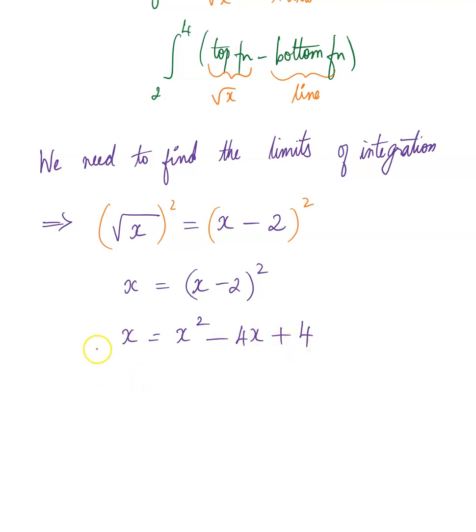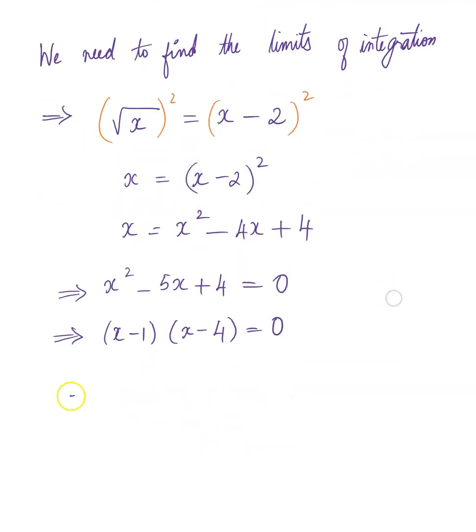And then bring all of the terms to one side, so you get x squared minus 5x plus 4 equals 0. This implies you have x minus 1 times x minus 4. Set each factor to 0, you get x equals 1, x equals 4.